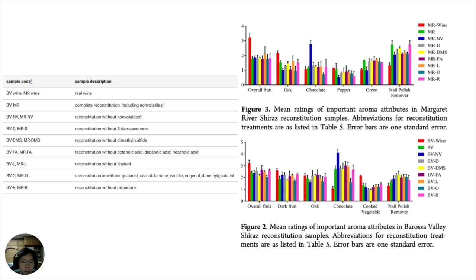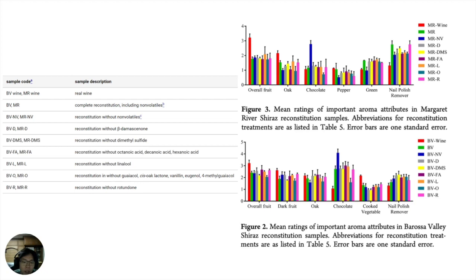So the wine samples used in this test are the real wines, the full reconstituted wine, the wine without non-volatile compounds, the wine without beta-damascenone, the wine without dimethyl sulfide, the wine without fatty acids, the wine without linalool, the wine without oaky compounds, like cis-oak lactone, vanillin and other compounds.